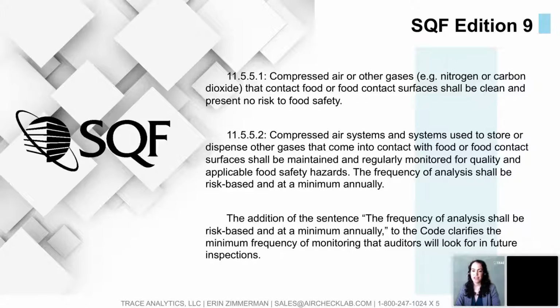So 11.5.5.2 says, compressed air systems and systems used to store or dispense other gases that come into contact with food or food contact surfaces shall be maintained and regularly monitored for quality and applicable food safety hazards. The frequency of analysis shall be risk-based and at a minimum annually.